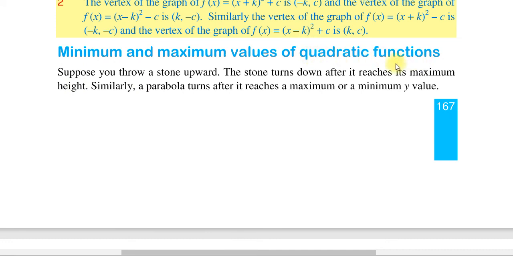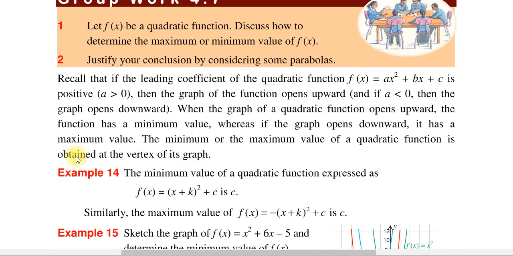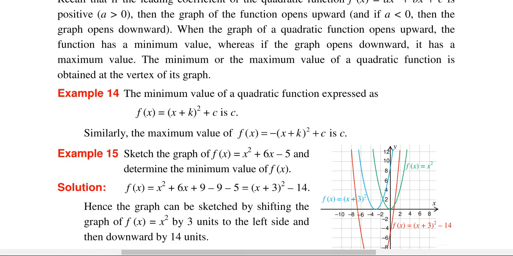of quadratic function. Suppose you throw the stone upward. The stone turns down after reaching its maximum height. Similarly, a parabola turns after it reaches the maximum or minimum y value. For example, the minimum value of a quadratic function expressed as f of x equal to x plus k the whole square plus c is c.